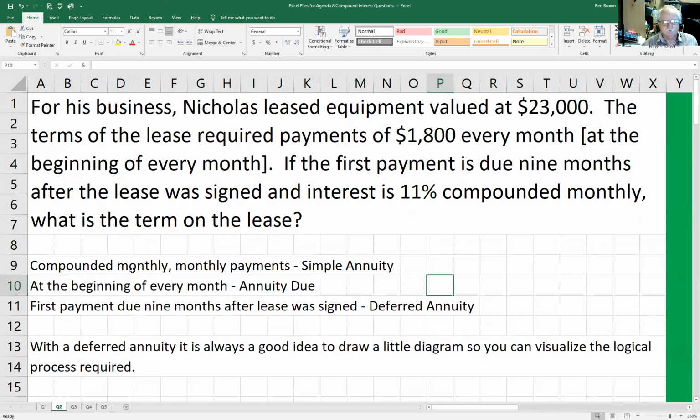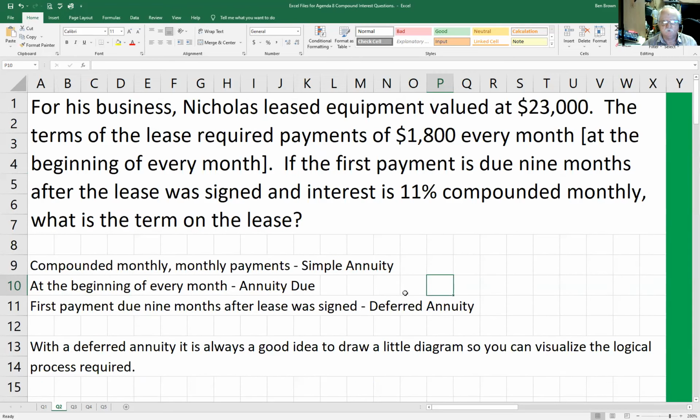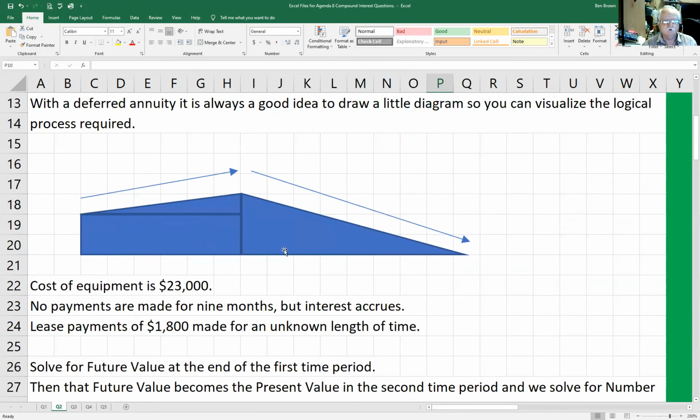Again, this is a simple annuity, but the payments are at the beginning and it's deferred. So we know we're going to have to do 2 calculations. Again, I find it's worthwhile to sketch a little diagram.